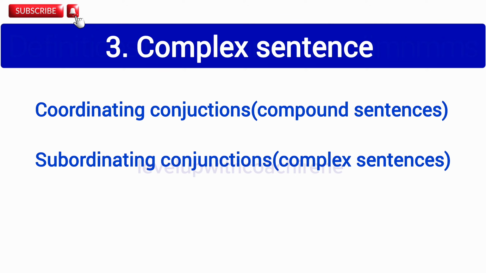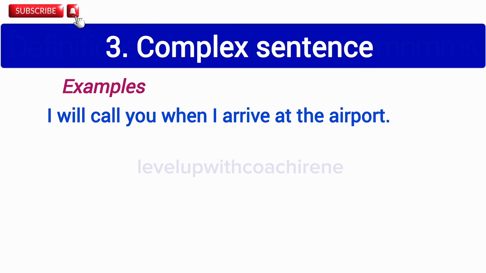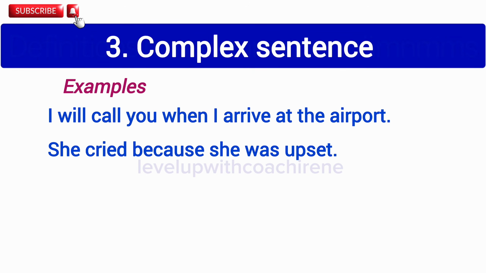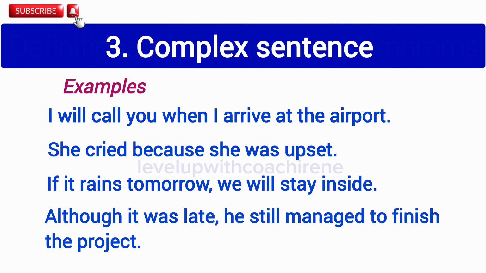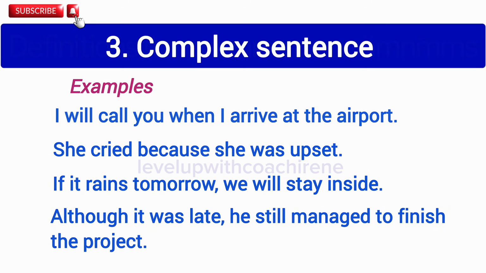Other examples of complex sentences include I will call you when I arrive at the airport. She cried because she was upset. If it rains tomorrow, we will stay inside. Although it was late, he still managed to finish the project.